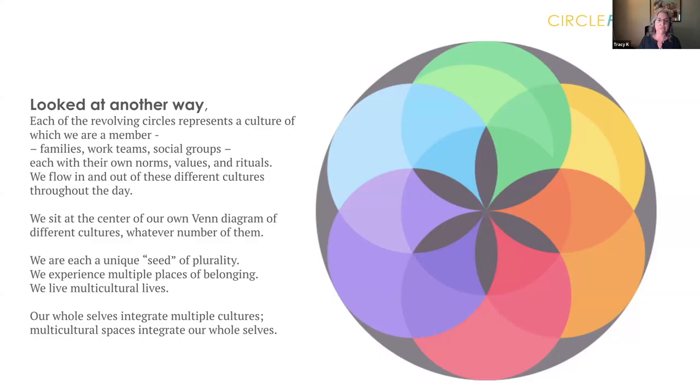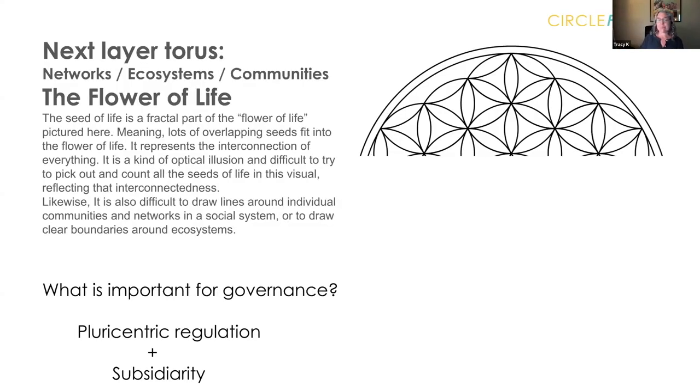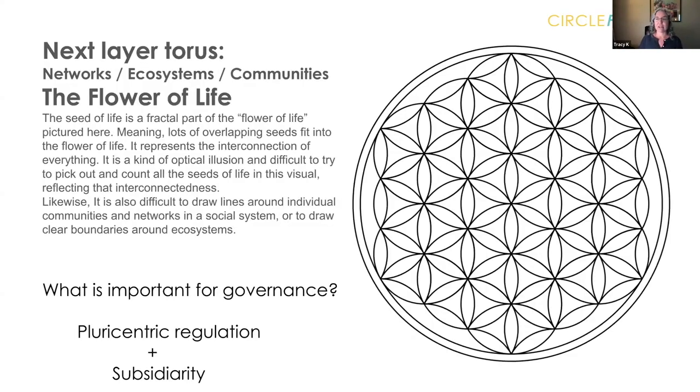At this level, the next step is to start to think about pluricentric, which that seed leads into, this sense of many centers. So I'm just playing with this next layer of the torus as that network or ecosystem or community level, which is a flower of life.